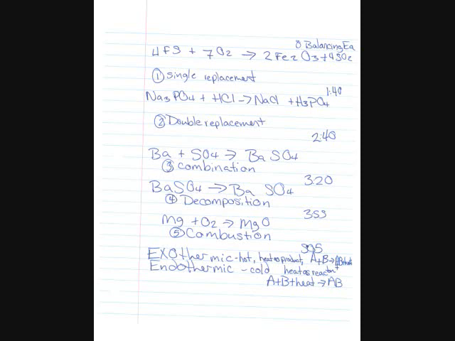And it would be written with heat as a reactant. So it would be A plus B plus heat yields AB.